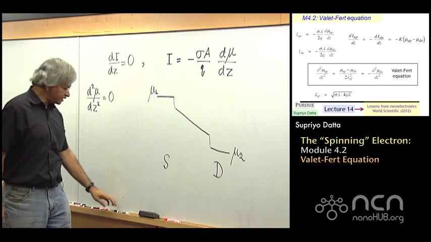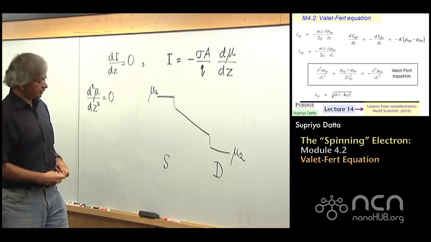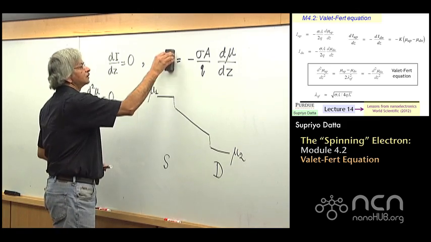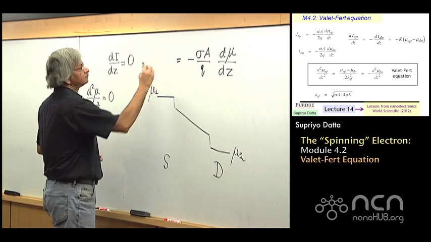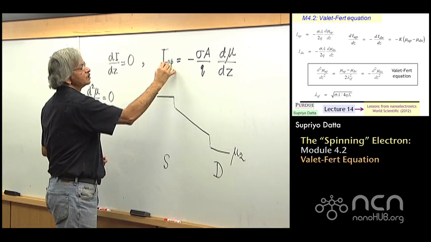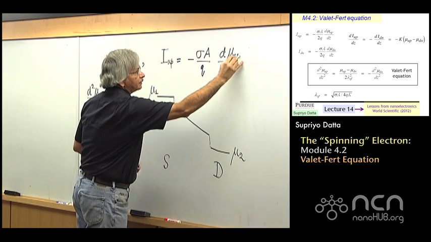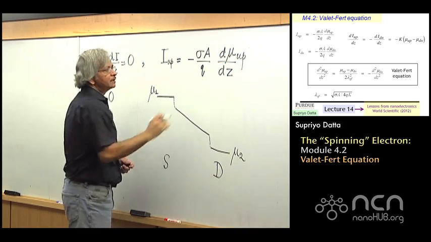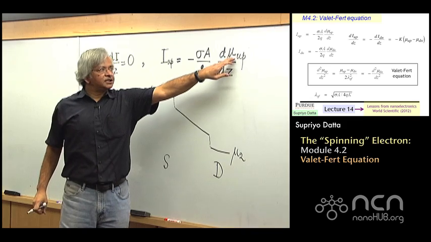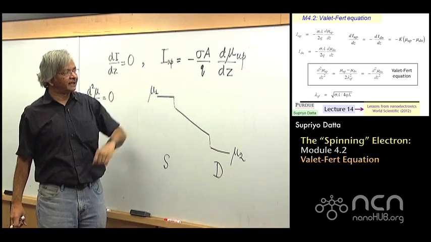Equation-wise, we could write I up is equal to sigma A over q mu up. So there is a potential associated with the up spin, and there is a current associated with that.